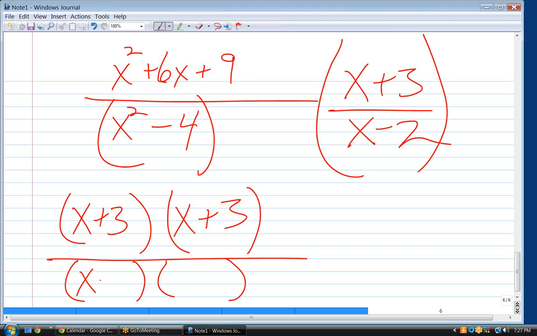I'll tell you why I like to write it this way. Each time you've given it to me, you've given me the plus factor first, and you might say, well, what's the difference? The associative property holds.